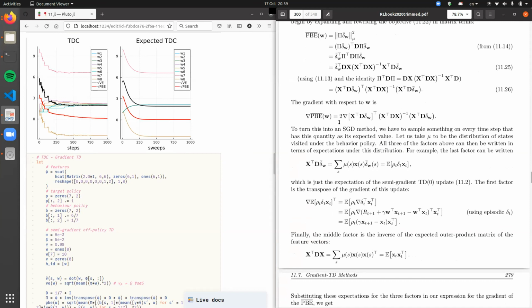Again, here we have some other derivations.